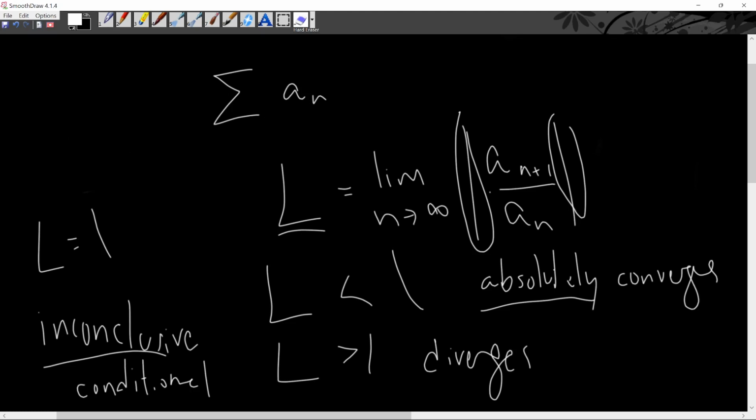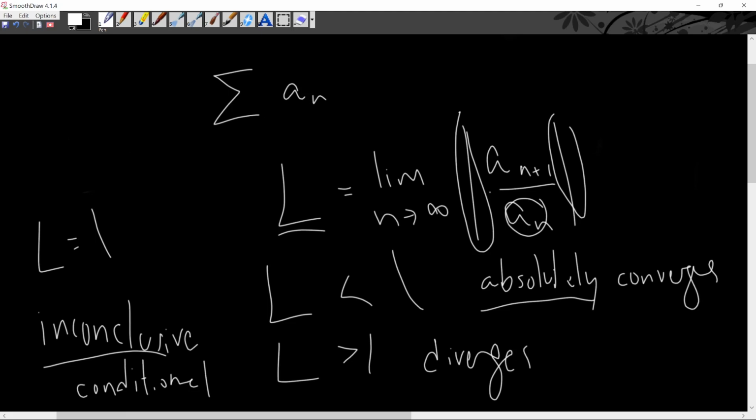And if L is greater than 1, again, this is sort of like the nth term test for divergence. If the n plus 1th term is less than the nth term, then if you divide the n plus 1th term by the nth term, you're going to get a fraction, a value that is less than 1, right?